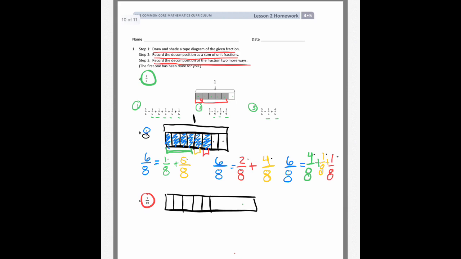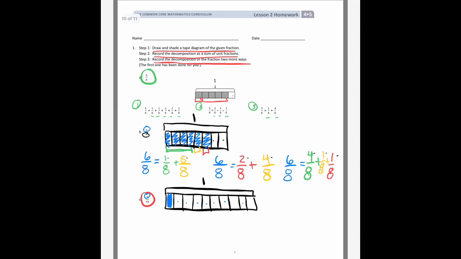That's just how I think about it. Okay, so there's my whole, and now I need to shade in 7 because my numerator is 7. I only want to represent 7/10 of the whole. So 1, 2, 3, 4, 5, 6, 7.